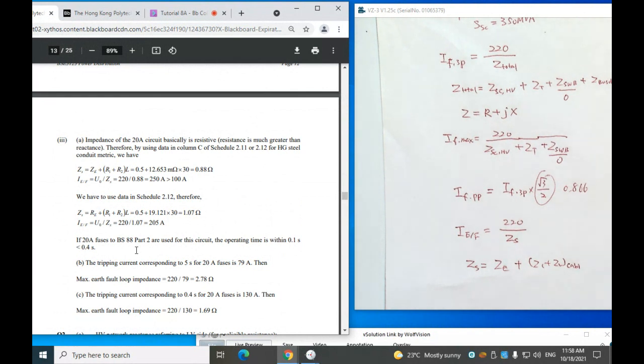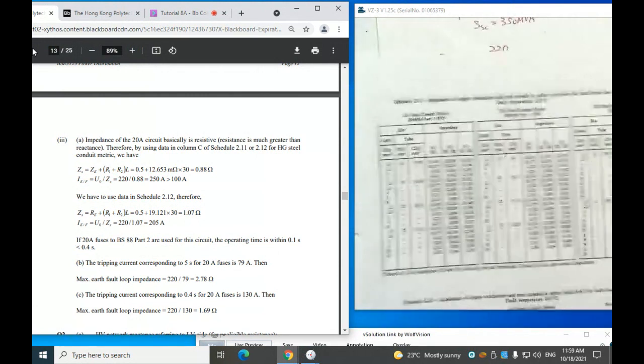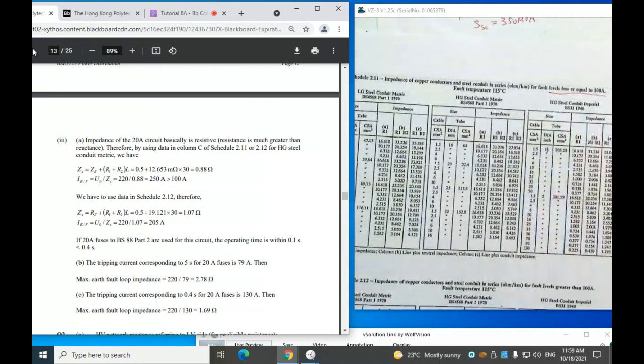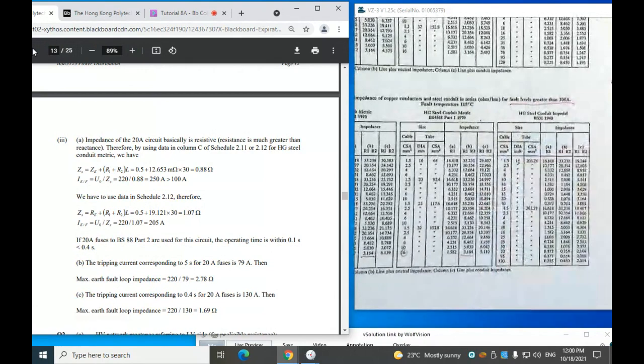Schedule 2.11 is for a fault current less than 100 ampere, and 2.12 is for a current greater than 100.